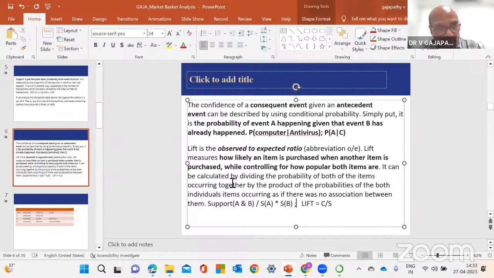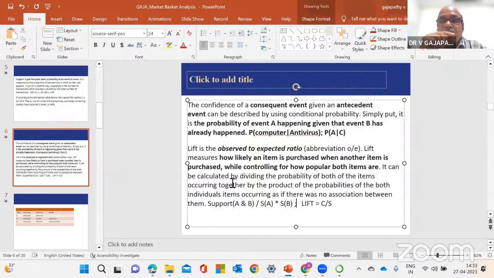Support A and B. What is that meaning? You know support A, you know support B. What is meant by support A and B? In the transaction, both the items are purchased together. Very good. That is what is divided by support A times support B. That's all. This is lift.